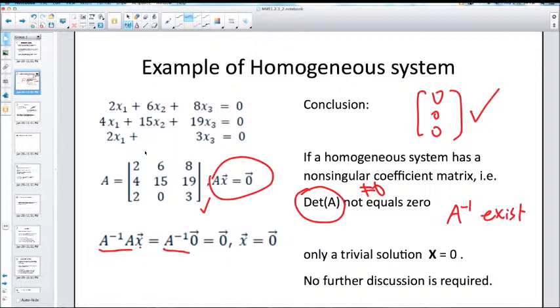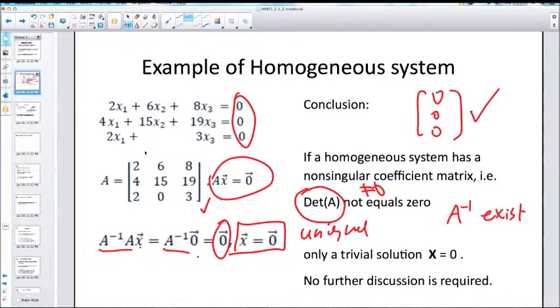On the right side, because they're all 0, you multiply the inverse by 0, and 0 times anything is 0. The only solution you get is 0. If you have the 0 solution and the only 0 solution, you're done.